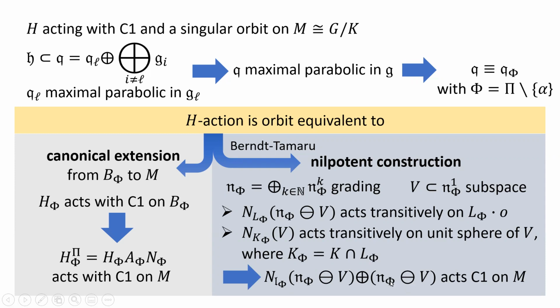So let's look at the Lie algebra of the group here. You have n phi, the orthogonal complement of this V in n phi, and here you have the normalizer of this set. So this turns out to be a Lie subalgebra. And what these two technical conditions mean is that this V is the normal space to the singular orbit of this action. They are requiring not only this, but also that the slice representation at this singular orbit is transitive on the unit sphere of the normal space.